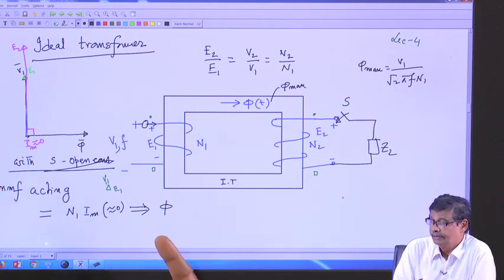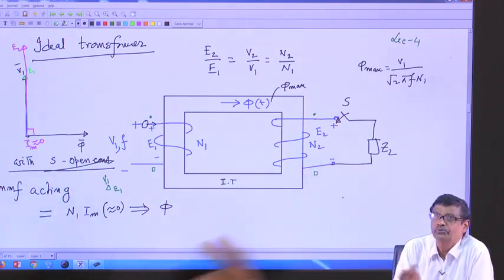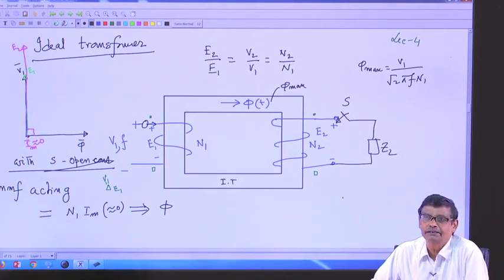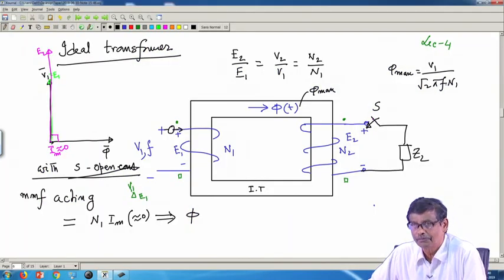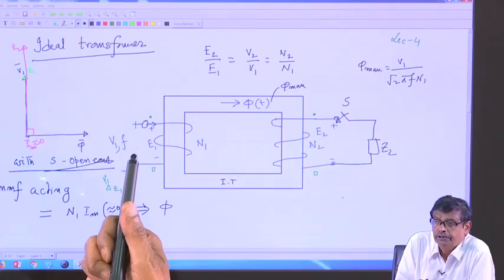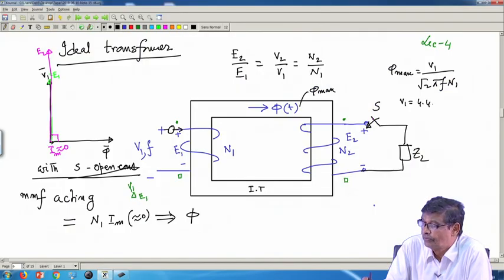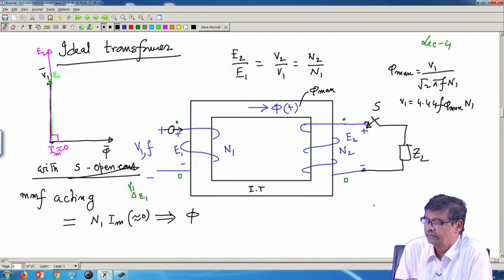Now, what I am telling, whether this switch is opened or closed, the flux in the core cannot change. That phi max and its frequency of course will remain the same, flux must prevail. Why? Because primary has to satisfy the KVL equation, that is V1 equal to 4.44 f phi max into N1, V1 is fixed.